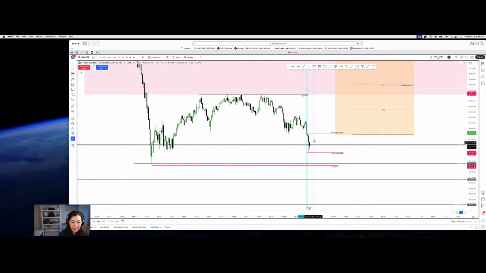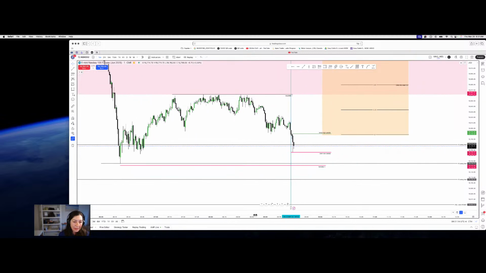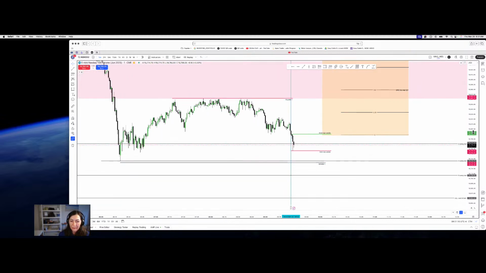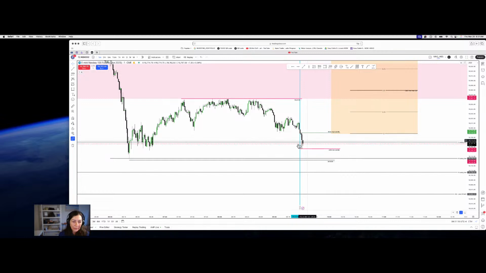Here's our first candle. This is our second candle. Still has 49 seconds here to print. Looks like price might be interested coming down here into the sell side.